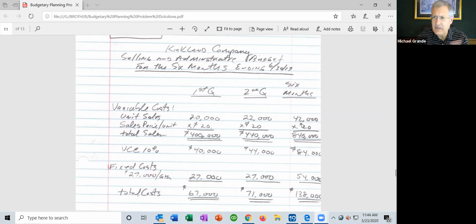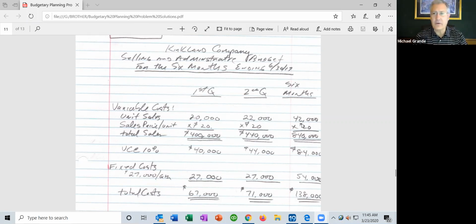There's no need to list out all that information because they're asking you to come up with a total expense. $400,000 times 10%. The variable cost in the first quarter, $40,000, plus fixed costs. All I did is add up all those costs that they had listed in the problem, $27,000 a quarter. First quarter, variable cost $40,000, fixed cost $27,000, total expense in the first quarter, $67,000.